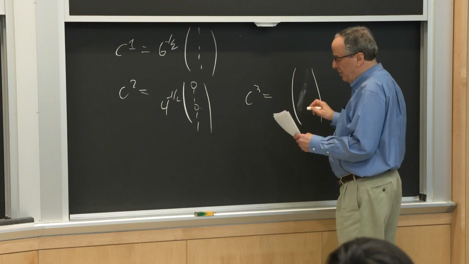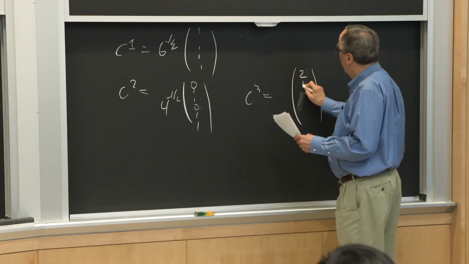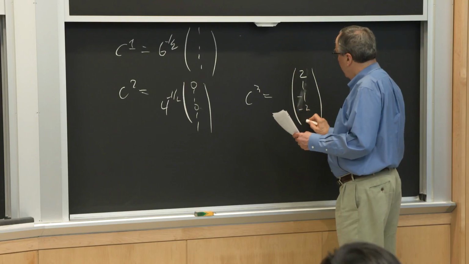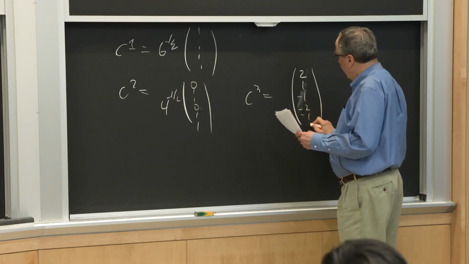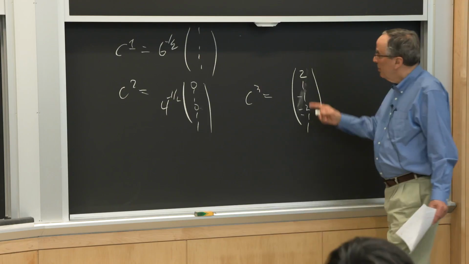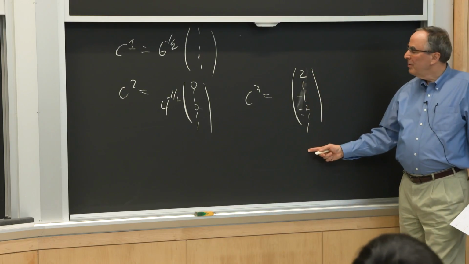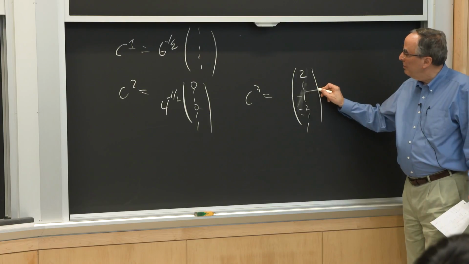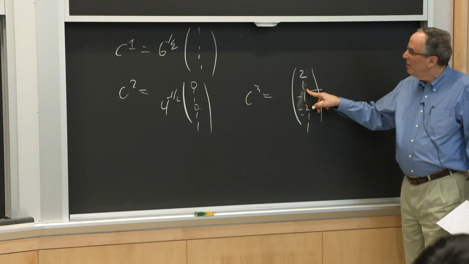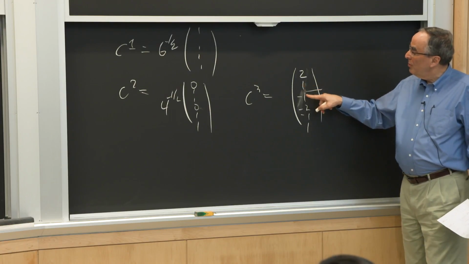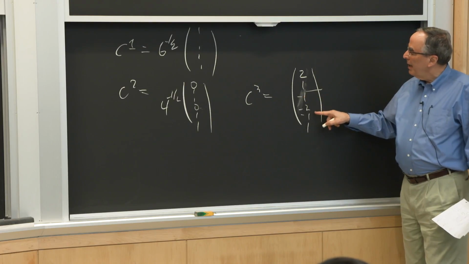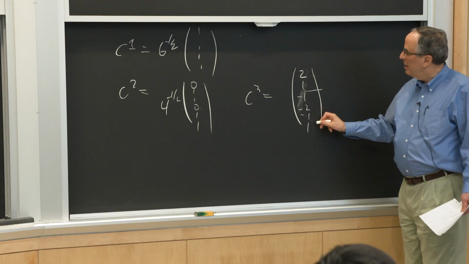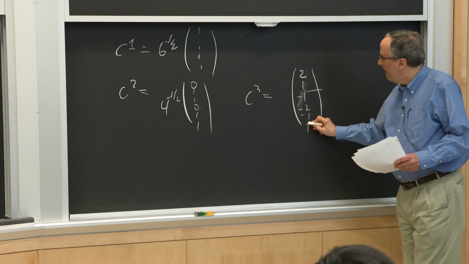But suppose you have something like this: 2, 1, minus 1, minus 2, minus 1, 1. So why did I use these numbers? Well, I had to have a nodal plane here between atoms 2 and 3, and the corresponding guy will be, well, that should have been a 2 at the bottom.